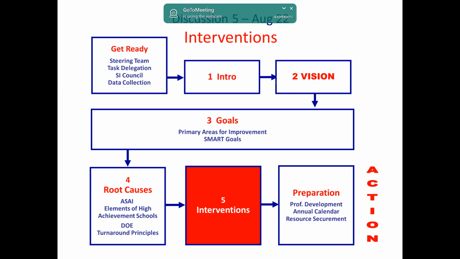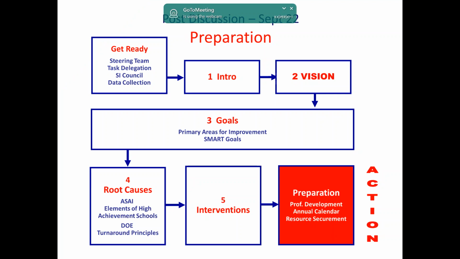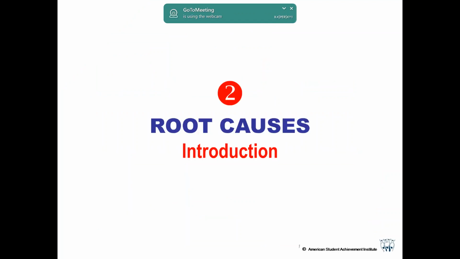And then after the interventions are identified, we'll do the prep. So we'll figure out what professional development you need, what your timeline is, and what resources you need in order to make sure that those interventions are implemented with integrity and implemented fully and well. So that's what's coming up, but today, of course, we're talking about those root causes.